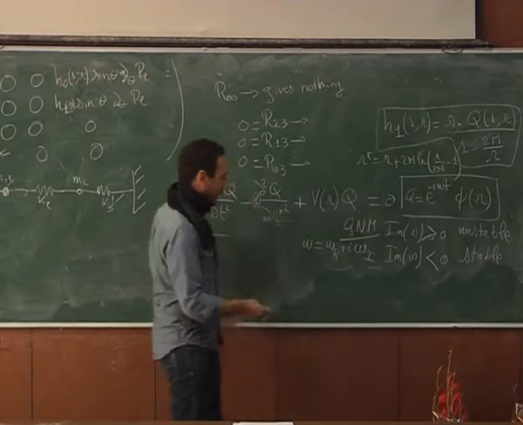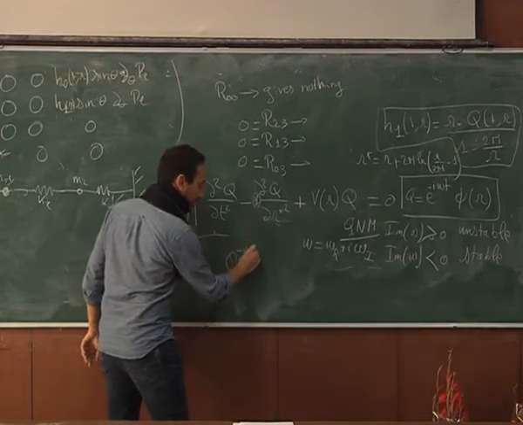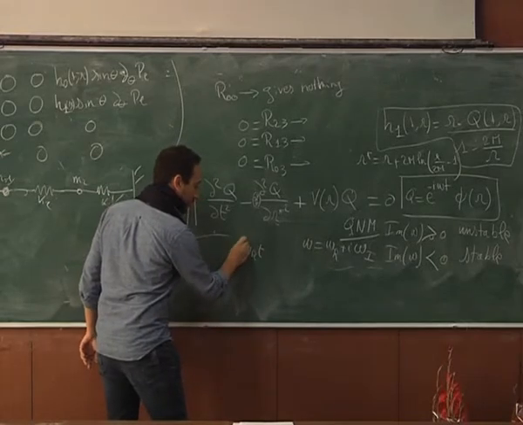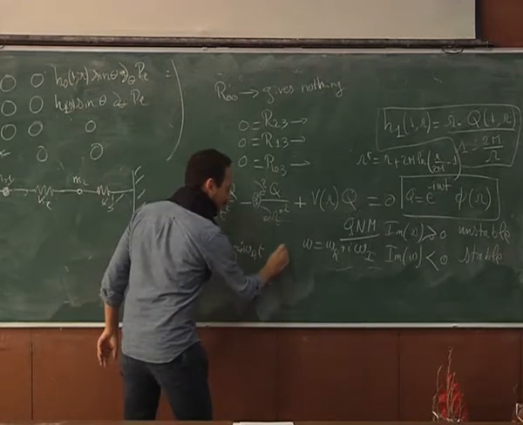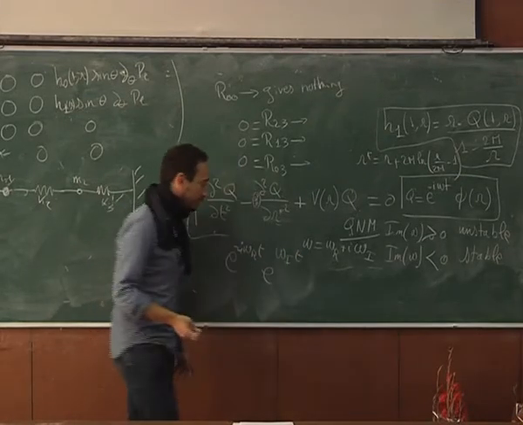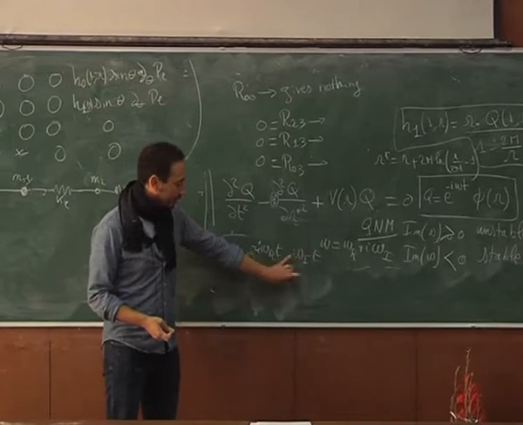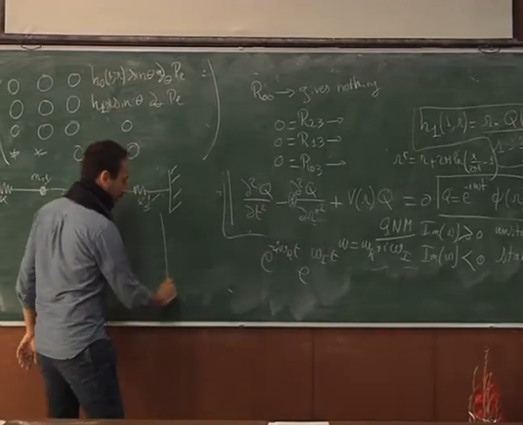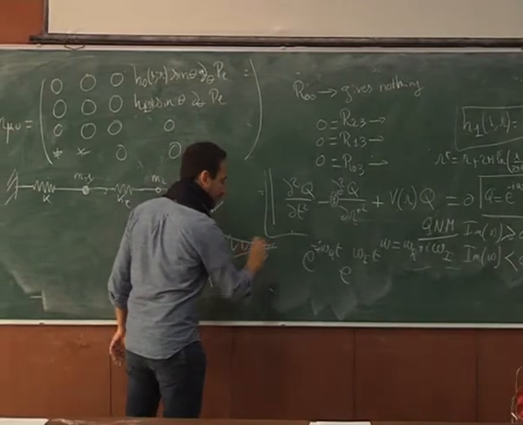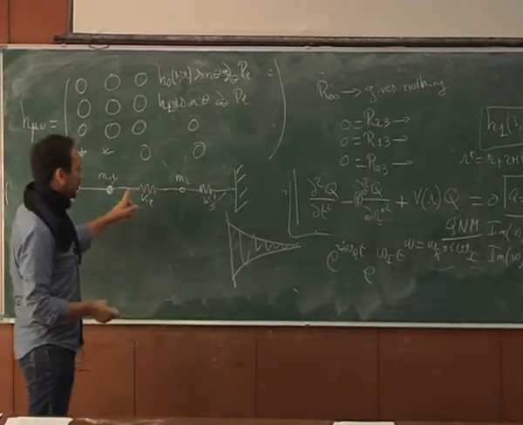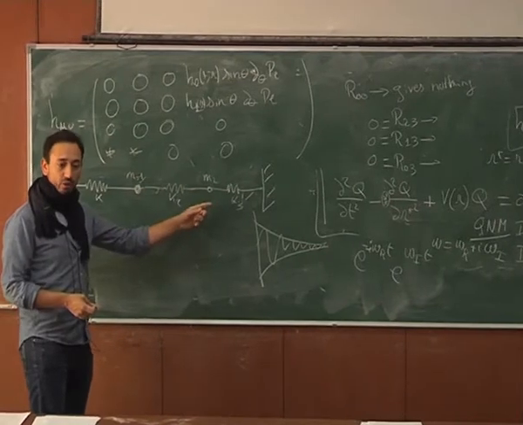It means that in your exponential, there is a real part which produces oscillation, and then there is an imaginary part which makes this decay with time. So you get something like that, so it decays with time. While here you don't have any form of dissipation.